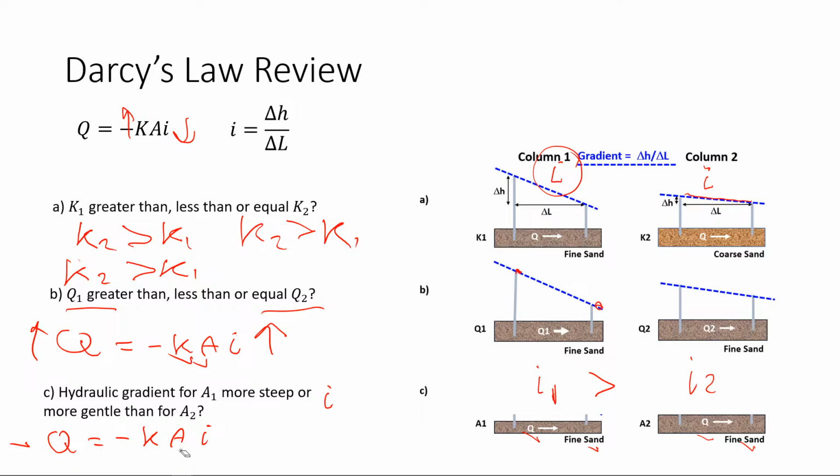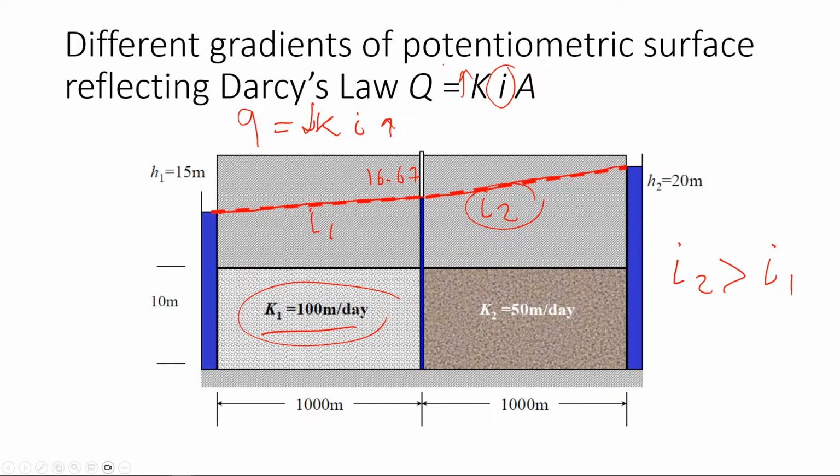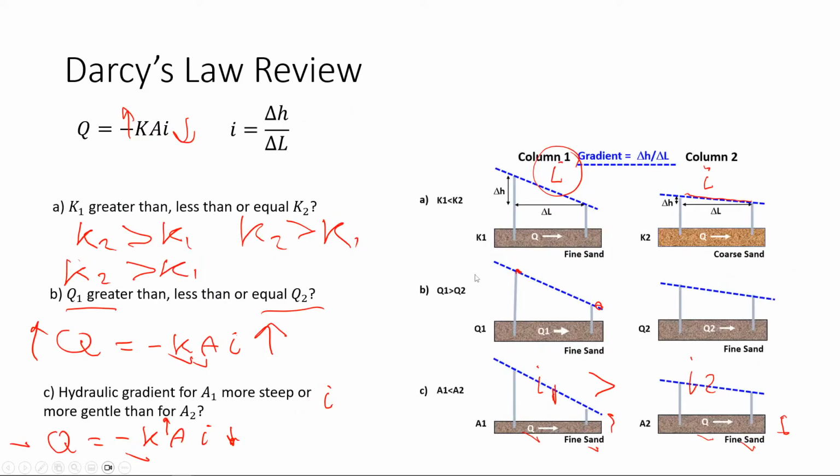If the area goes up, the I will decrease. That would be gentle because there is a bigger area here than there. So you get something that looks like this. This is steeper, this is gentler.